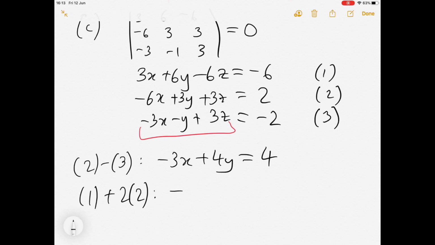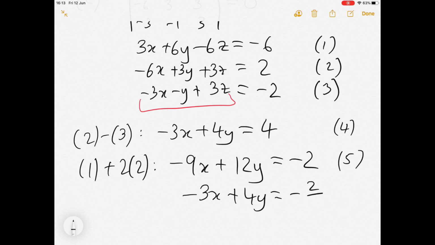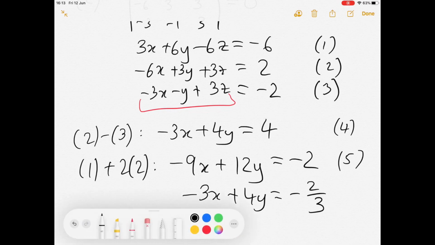And if we eliminate z from number 1, so if we do 1 plus 2 times number 2 again, we get minus 9x plus 12y equals minus 2. And then let's divide this fifth. So if I call this number 4, number 5, if I divide the fifth equation by 3, I get minus 3x plus 4y equals minus 2/3.